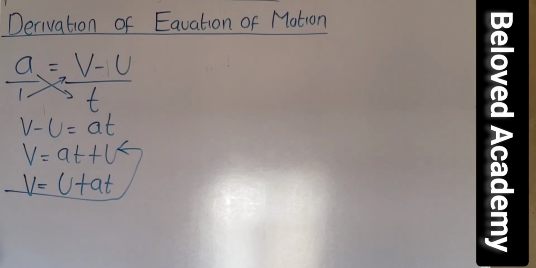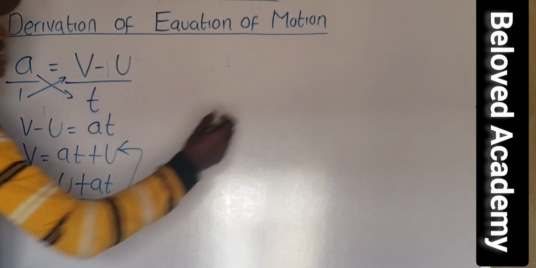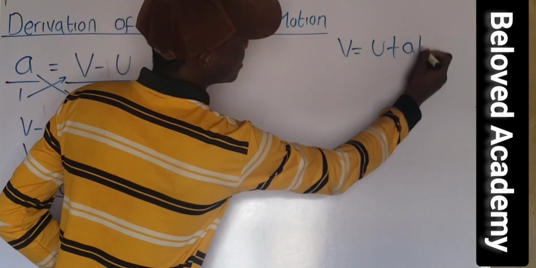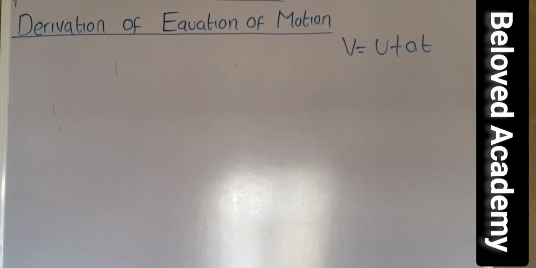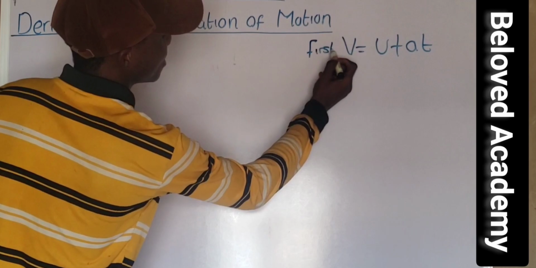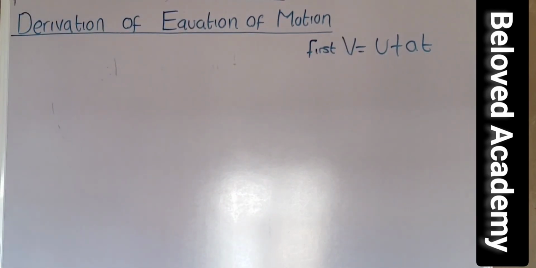So the first equation of motion is v is equal to u plus at. Now let's derive the second equation of motion.